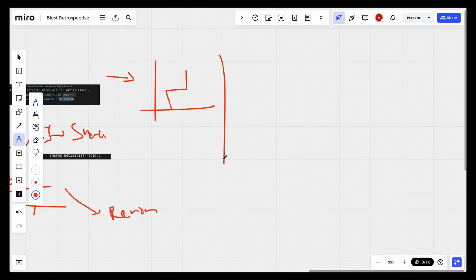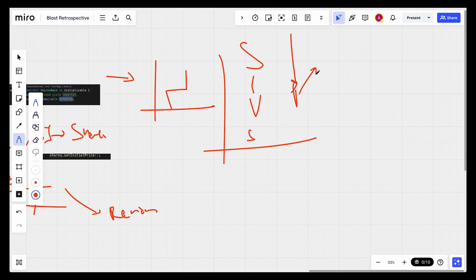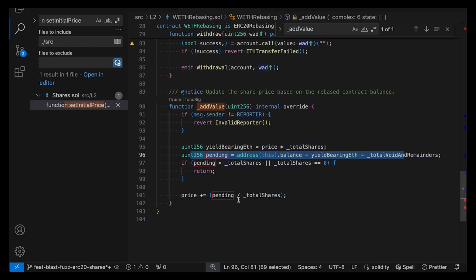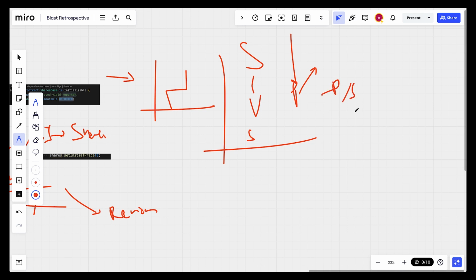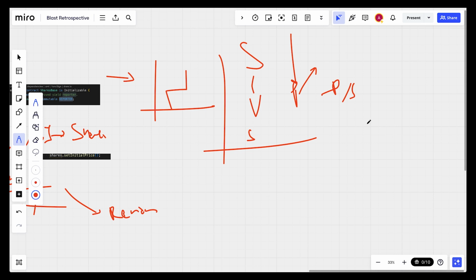It ends up having a scenario where if it makes a share, it will make a share. If you donate to it, you're going to increase the pending. So that's how the pending gets increased. And then if the division of pending over shares, which means that we cannot distribute this fairly, leaves something over, then that's going to be dependent on the next call.